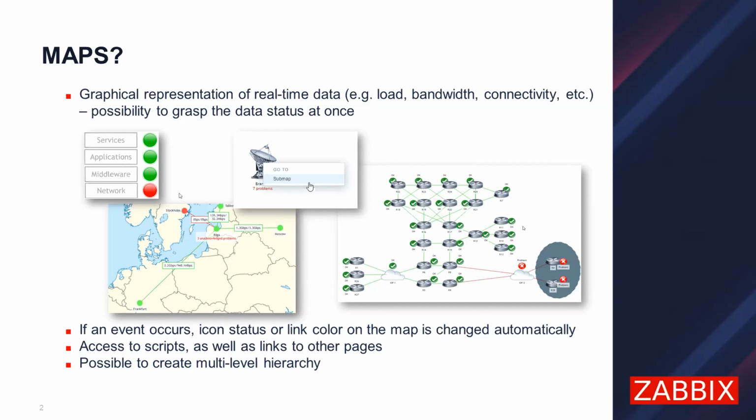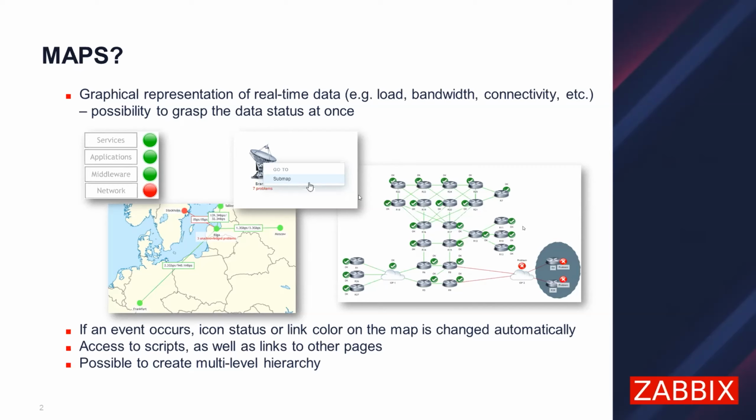We can have, for example, a real geographical map with data center locations. We may introduce some trigger statuses, and sometimes you can even go to a submap, just in case, for example, you need to depict some particular differences between the current state and, for example, go to another data center.